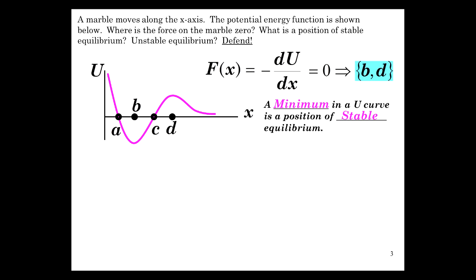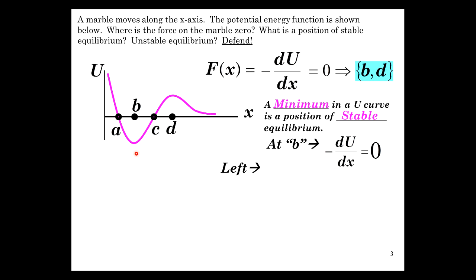So this is 0. Now, at the bottom, let's consider B, of course. We have minus dU/dx is 0. And now let's go to the left of B. So here's B. We go to the left of B and consider what dU/dx is. Well, dU/dx, the slope of the line there, is negative.